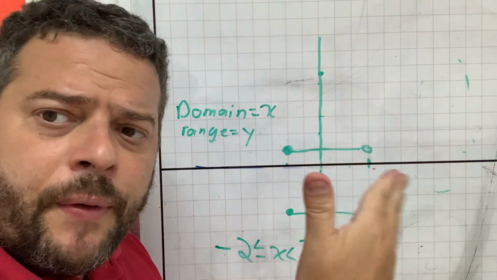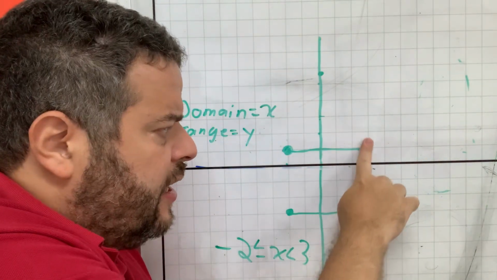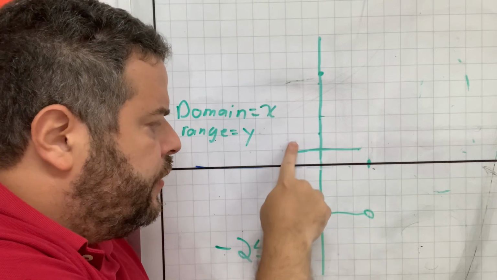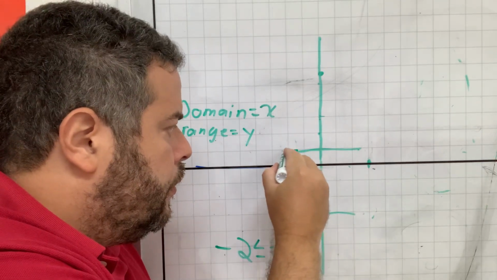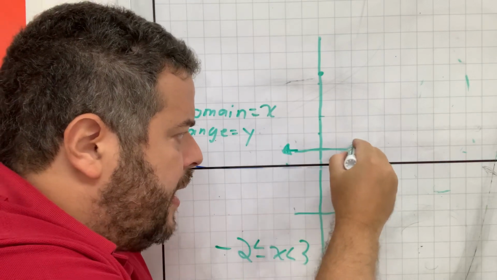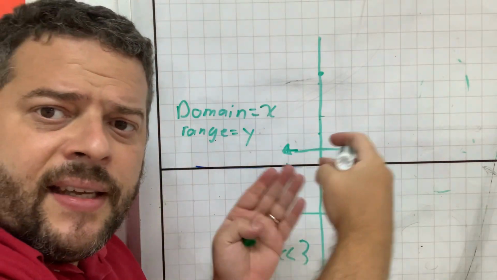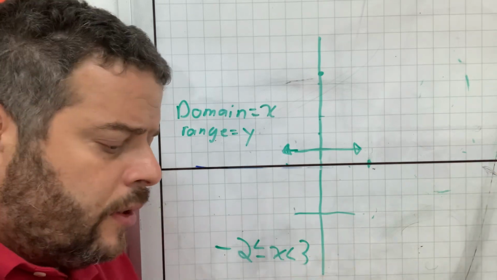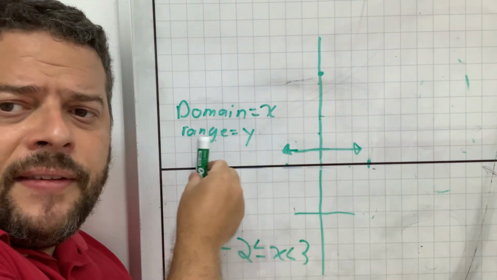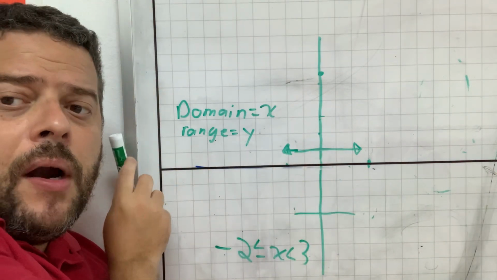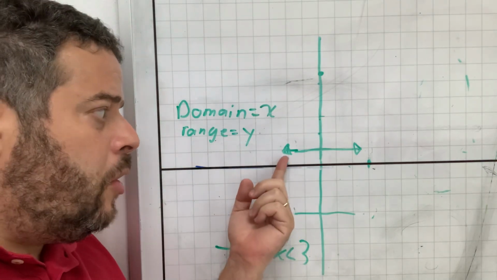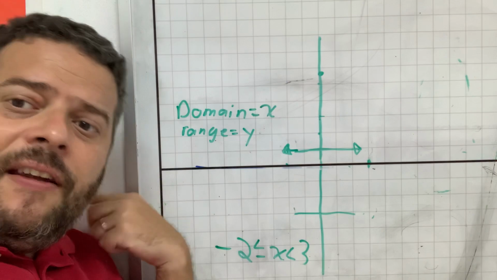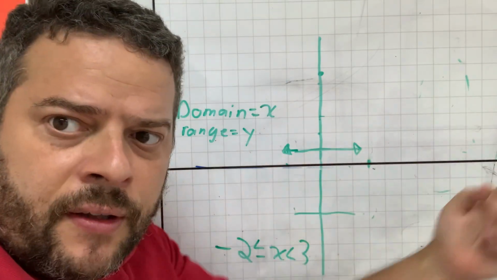Now let's do a very small change. Let's change these little circles for arrows. What does this arrow mean? That I extend outward towards infinity. So no matter where on the left-hand side I place my marker, even though it's not shown on the graph, I know that this graph extends infinitely to the left and infinitely to the right.